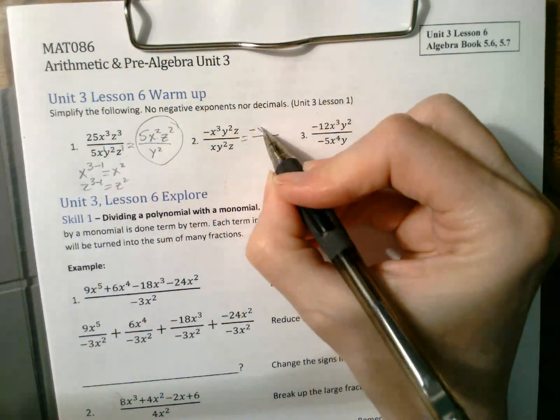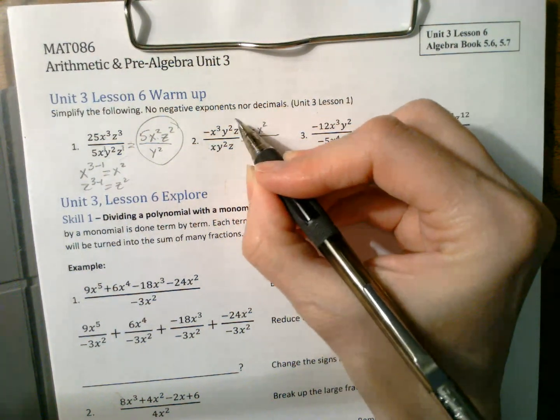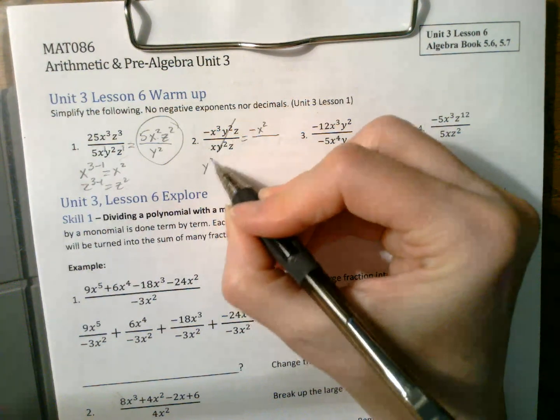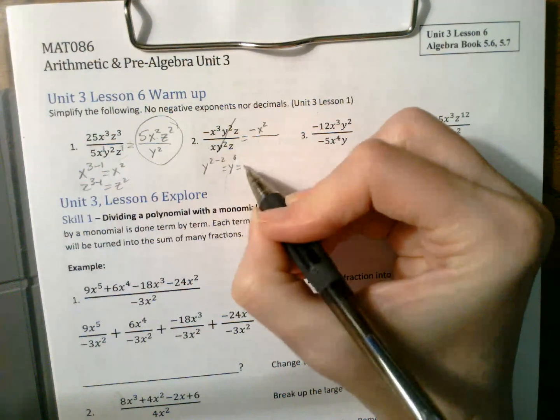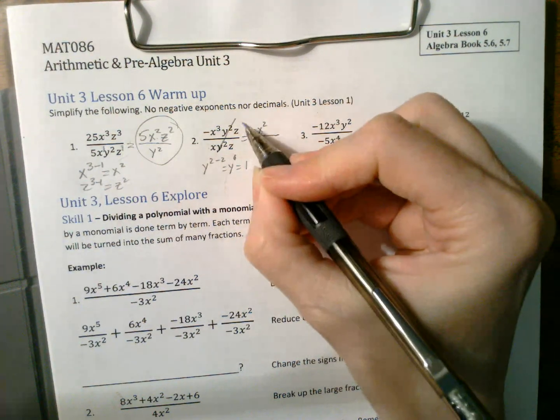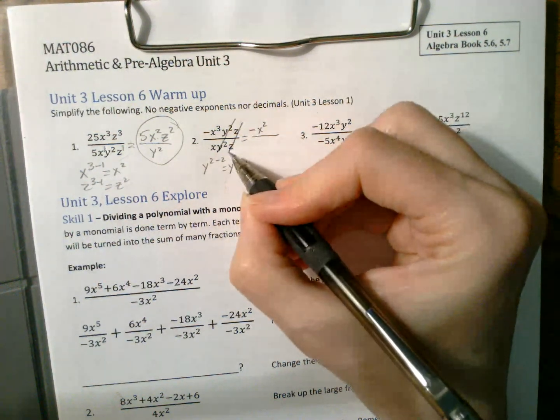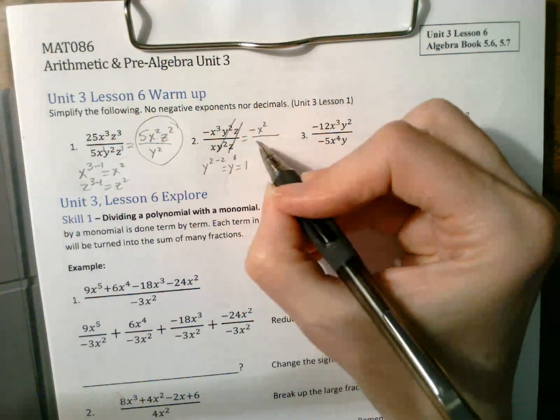We have extra 2 x's on top. We have y to the second minus the second, which is y to the 0, which is a 1. And a 1 minus 1 is a 0, which is a 1 for here.